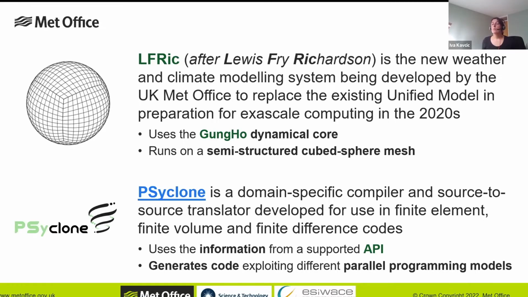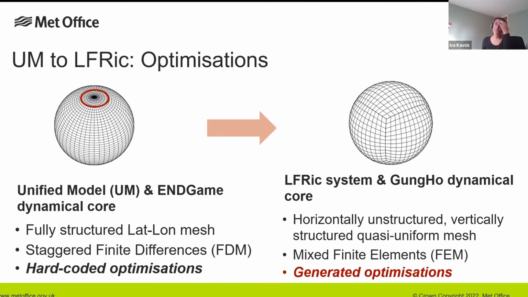It uses the information from a supported API. Two examples are the LFRic API and the NEMO API, to generate code exploiting different parallel programming models.